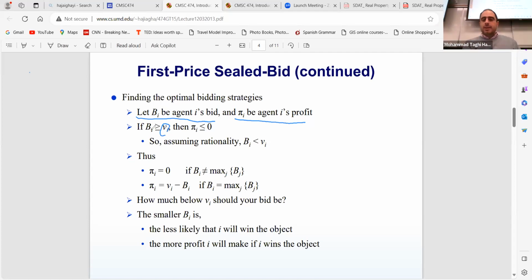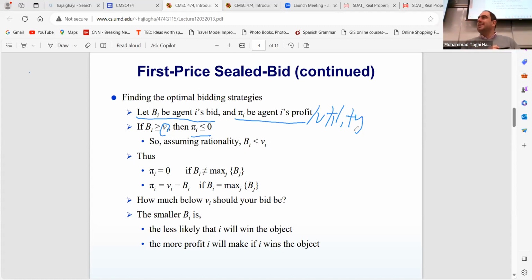We know that if your bid is greater than your valuation, then your profit, sometimes they use the term utility, would be less than or equal to zero. You may think about a house in the market where you bid overpriced.